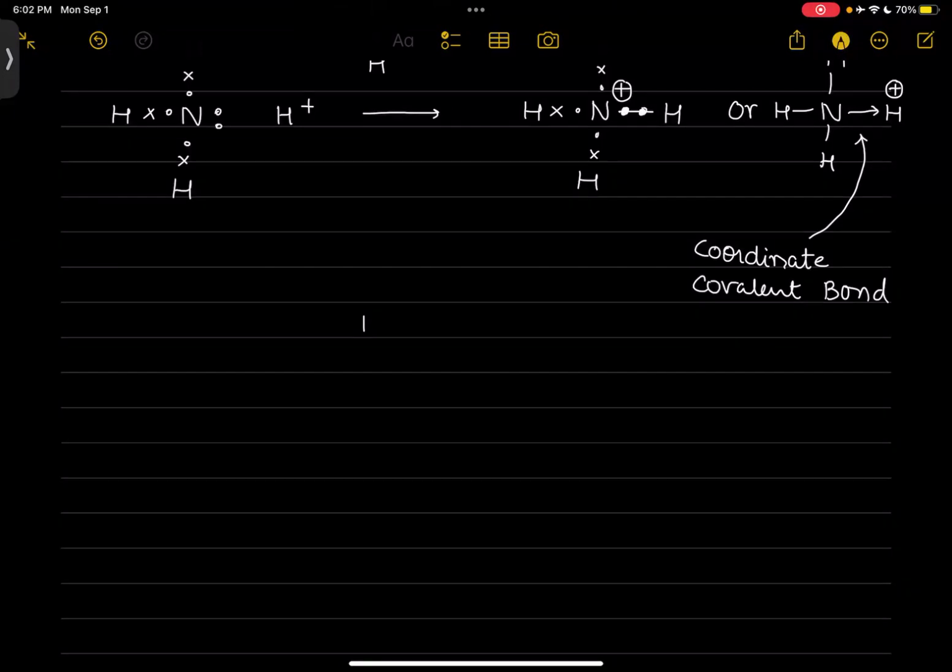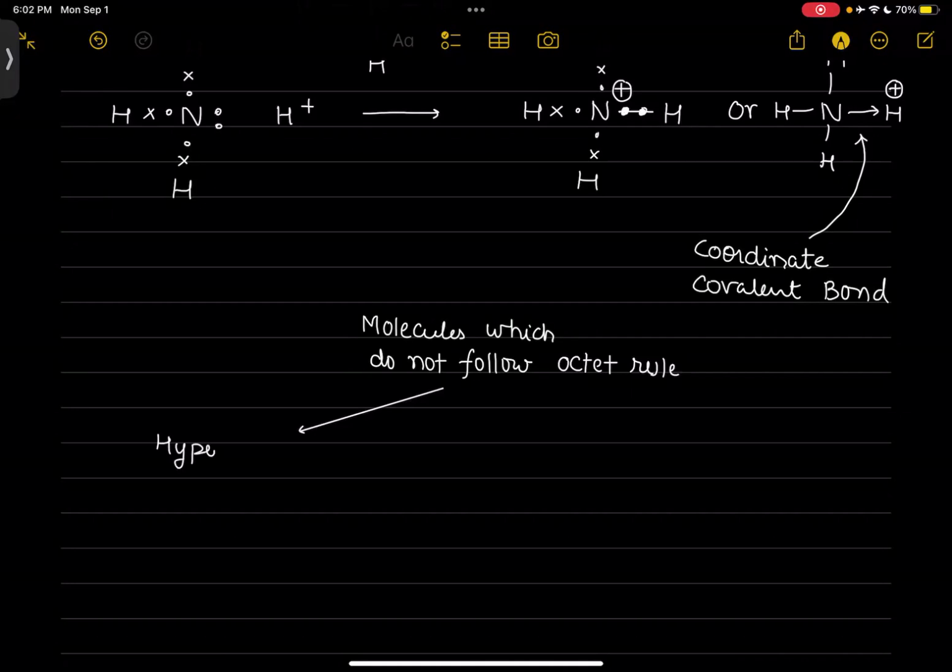Molecules which do not follow the octet rule can either be hypervalent or hypovalent, right?